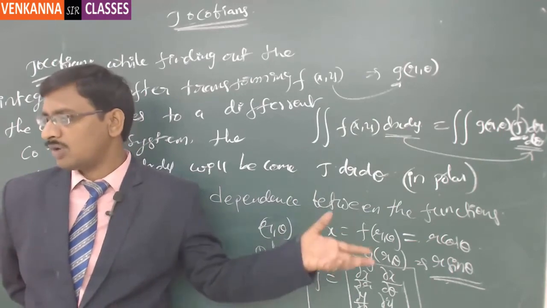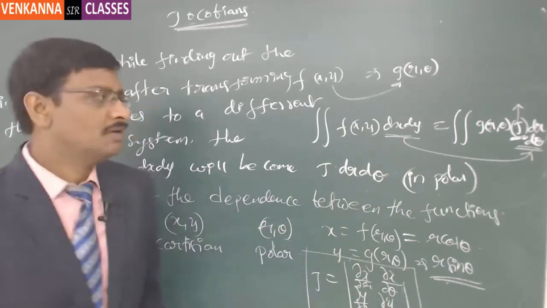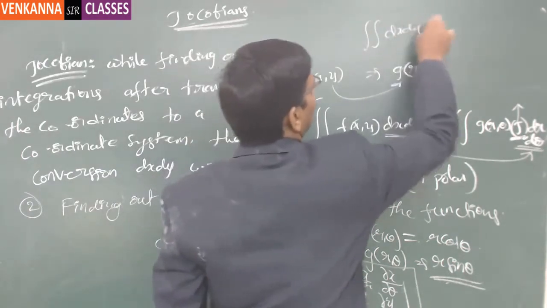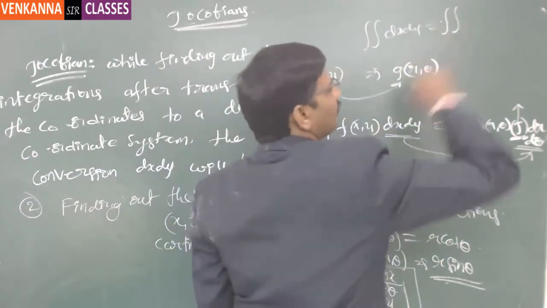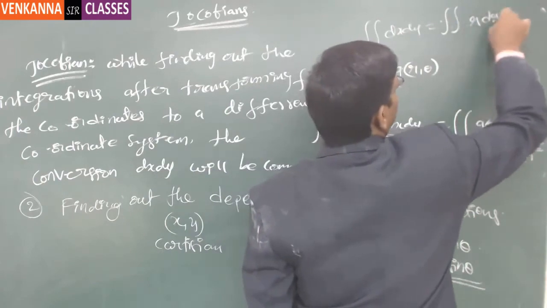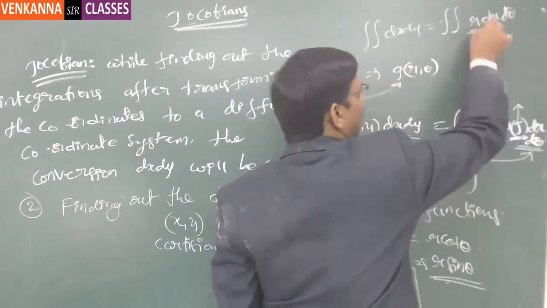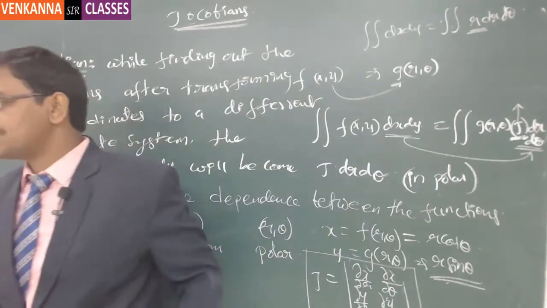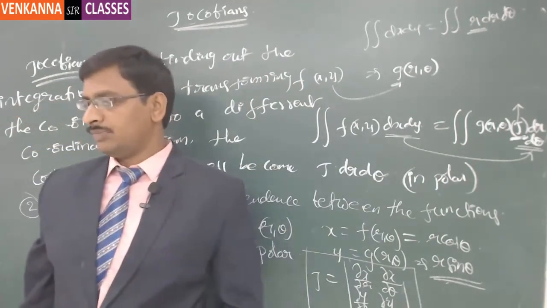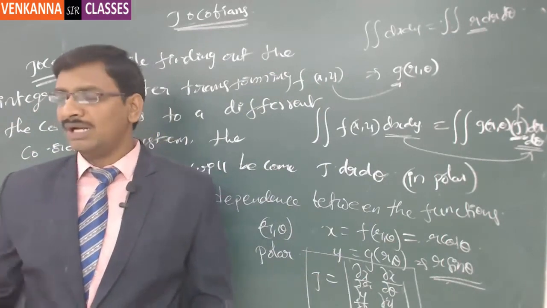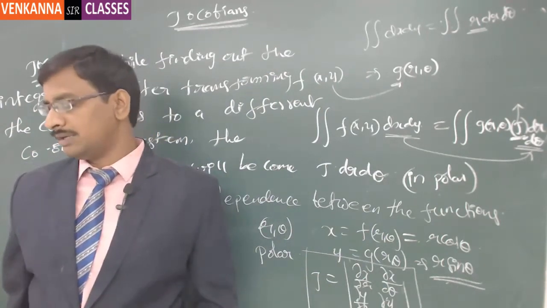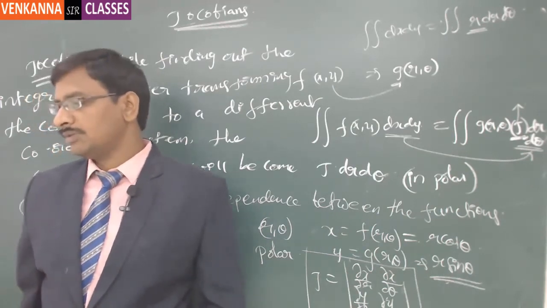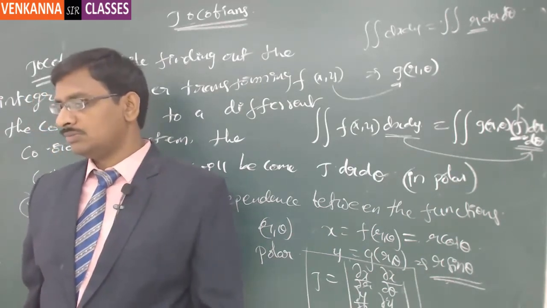When we find the double integral of dx dy, after conversion to the coordinate system we take r dr d theta. This r is just because of the Jacobian. We will not straight away do dr d theta from dx dy. We multiply with r and then do dr d theta. So that r is nothing but the Jacobian. Clear? Understood?